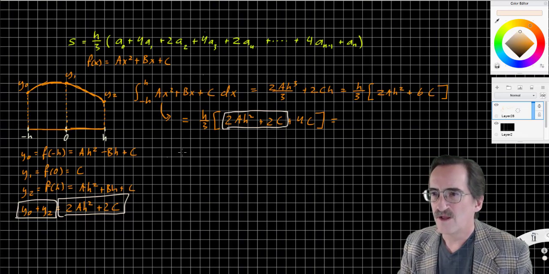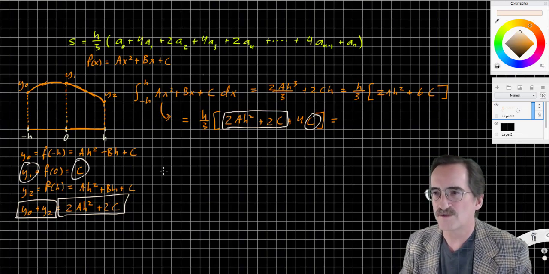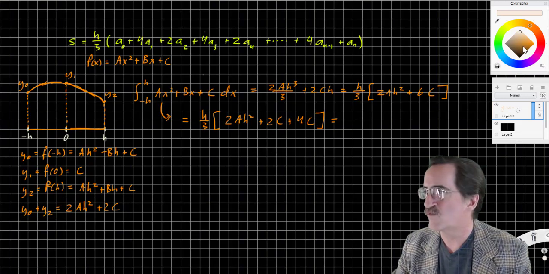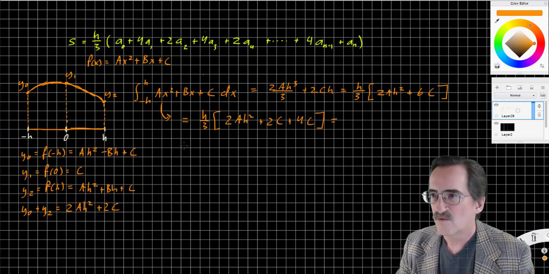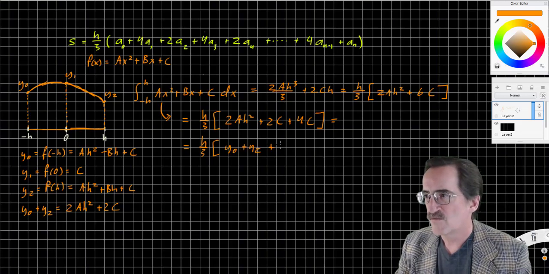And this c, we've already said y1 is c. So doing a little substitution, we end up with h over 3, y0 plus y2 plus 4y1.